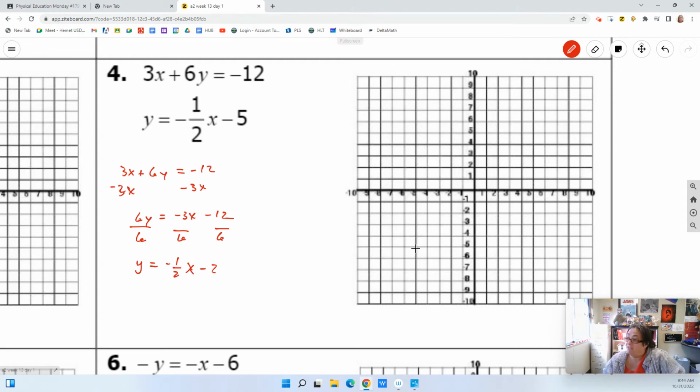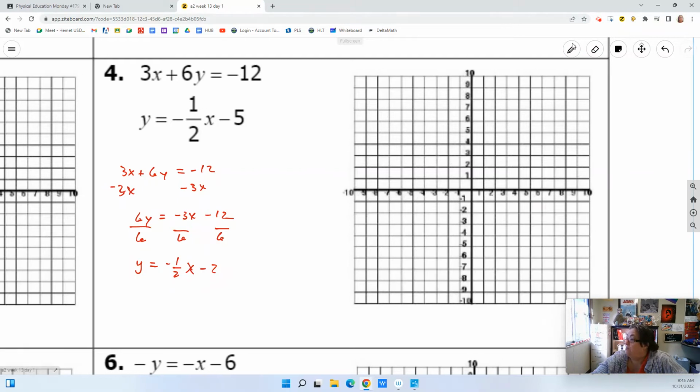So if we want to graph this line, we're going to go with the point on at -2. And then we can count out the slope. We can go down 1, +2, or we could go up 1, -2. Doesn't matter, right?